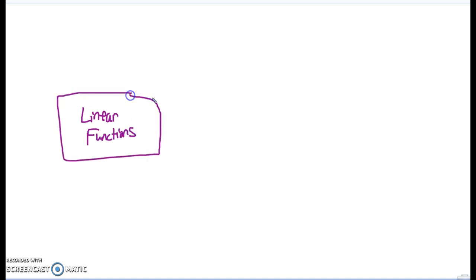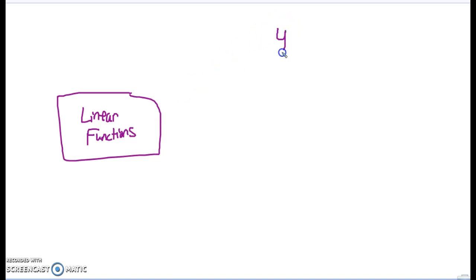The only thing that we have left to discuss, and I've just got a few minutes, are those graphic organizers that you all have on your page. The graphic organizer is the one that has linear functions. Things that we need to remember about linear functions.